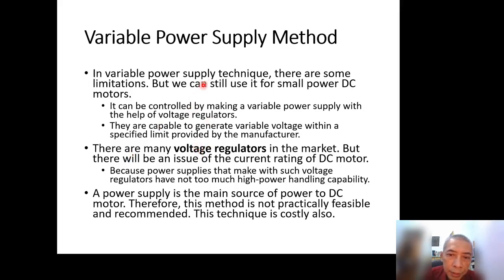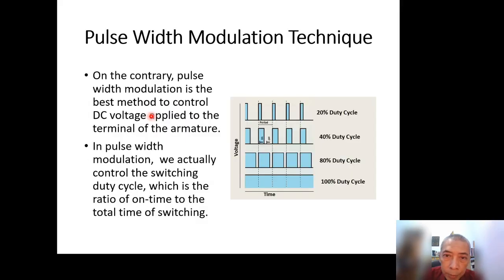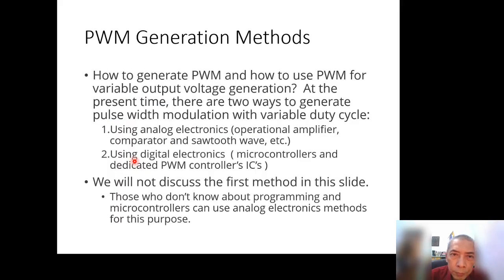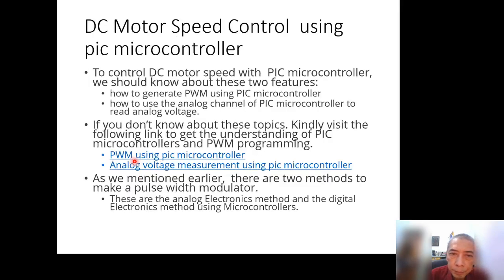And also the standing is also costly. But we can use the PWM, as we have discussed in the previous video in the PWM lectures, to control the speed of the DC motor. Okay, so this one is according to the PWM.